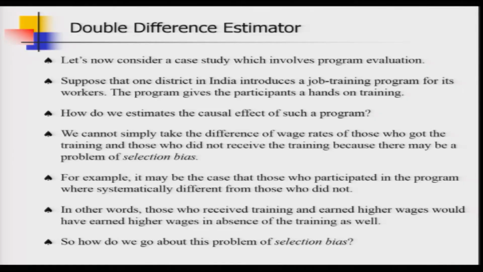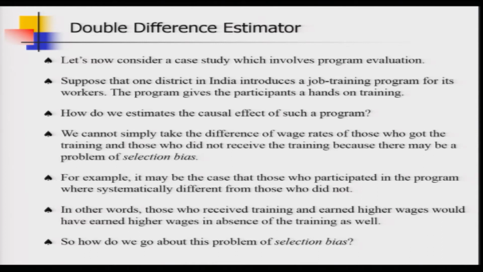Now, what to do? We cannot simply take the difference of the wage rates of those who got the training and those who did not receive the training, because there may be a problem of selection bias, and not only that, there could be many other confounding factors. For example, it may be the case that those who participated in the program were systematically different from those who did not participate in the program.